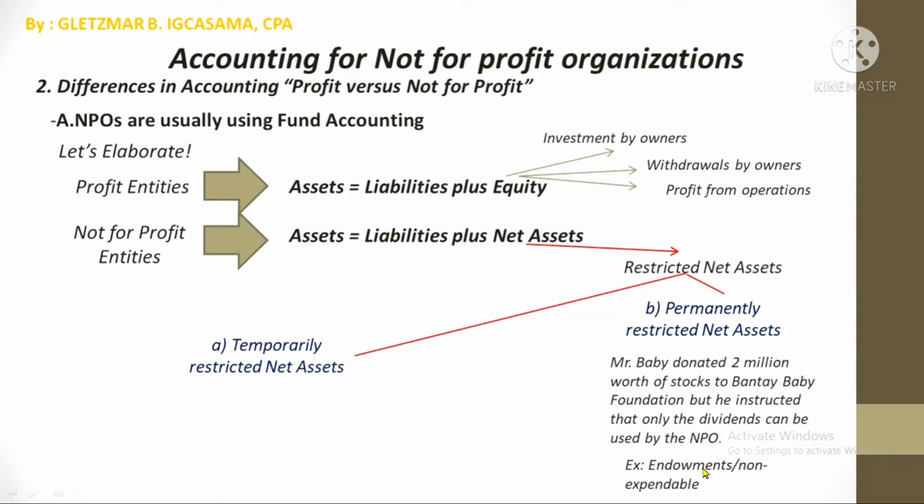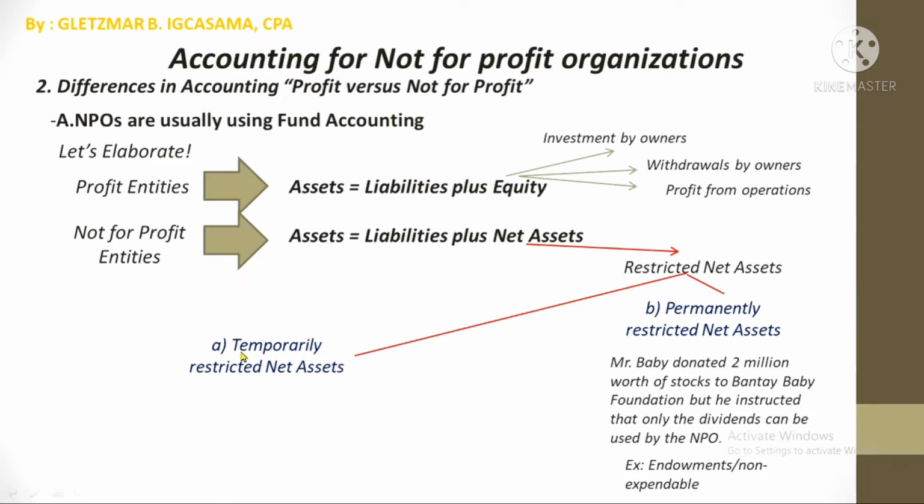Because again, to be recognized here in the restricted net assets, there should be a direct restriction from the donor himself or herself. Again, if you see a fund named endowment fund, put it directly to permanently restricted net assets. So that's it for permanently restricted net assets.